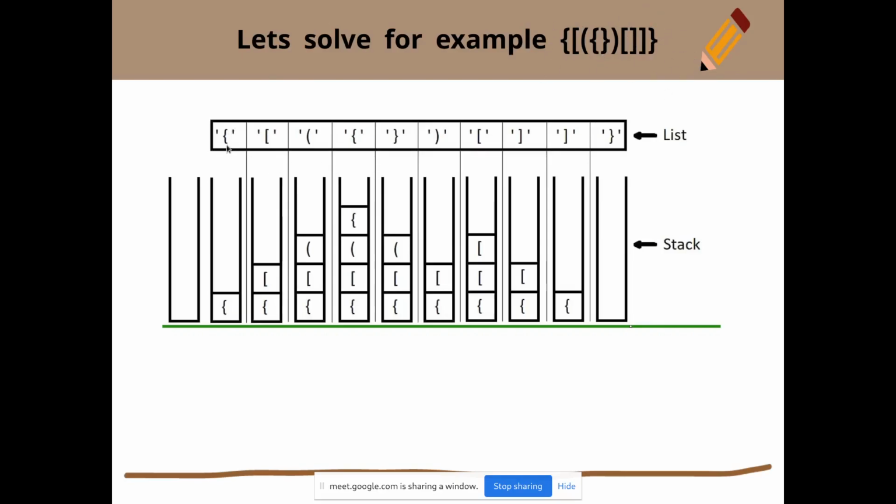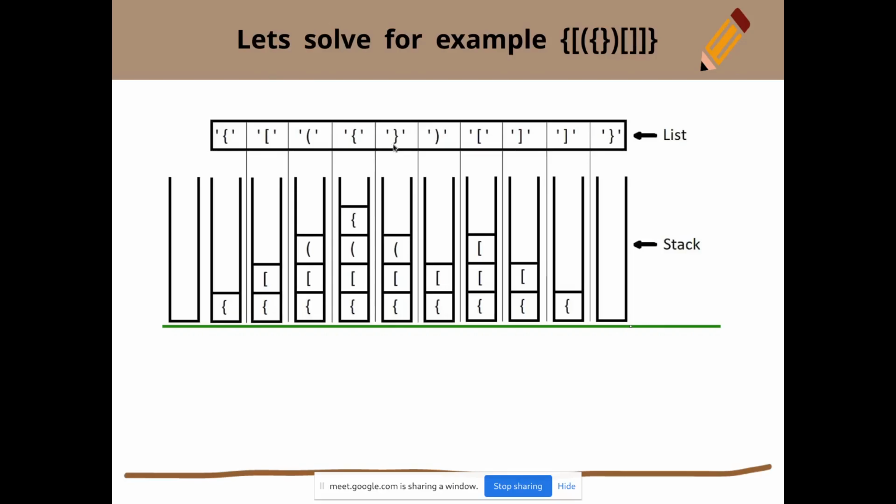I will put the first element on the stack, second element, third element. If the brackets are left side brackets, I will put them on the stack. This is a left bracket, so I put it on the stack. This is also a left bracket, I put it on the stack, and so on.